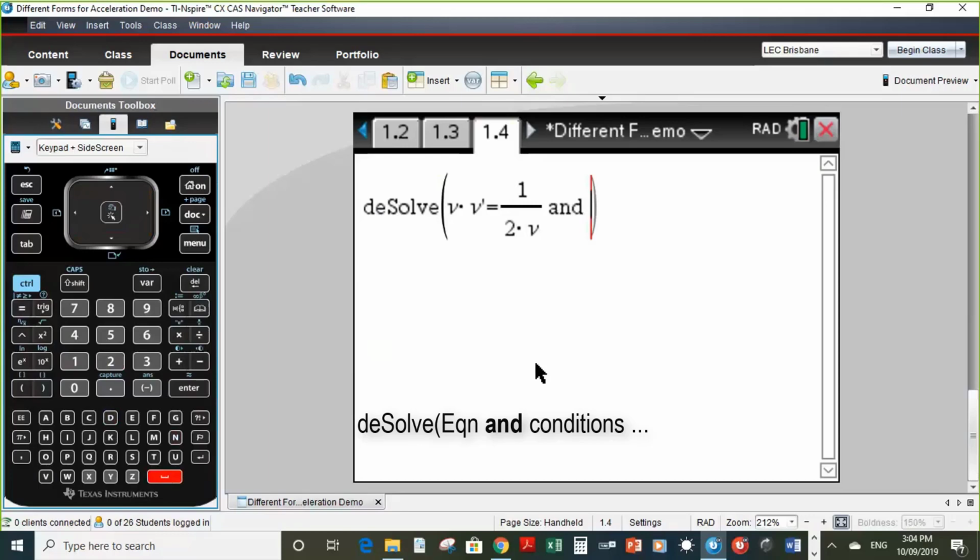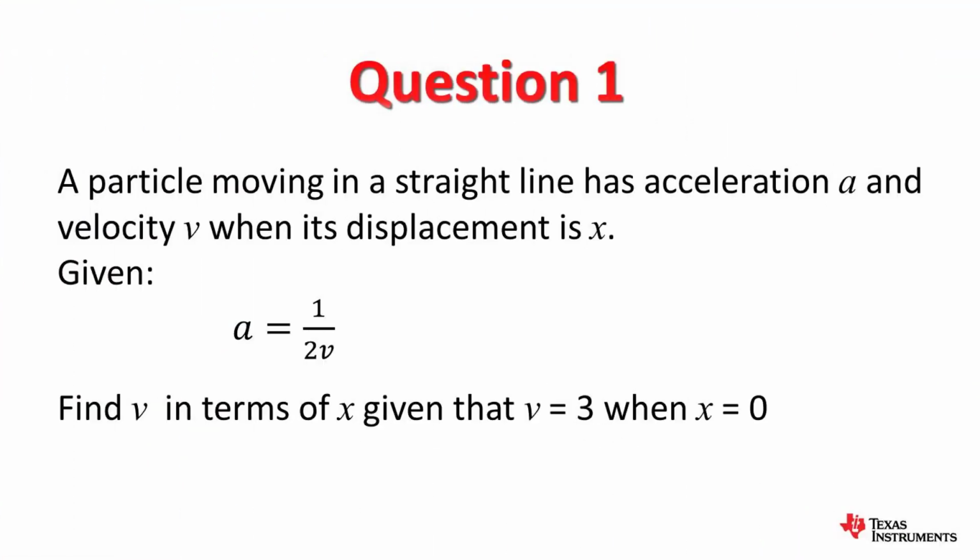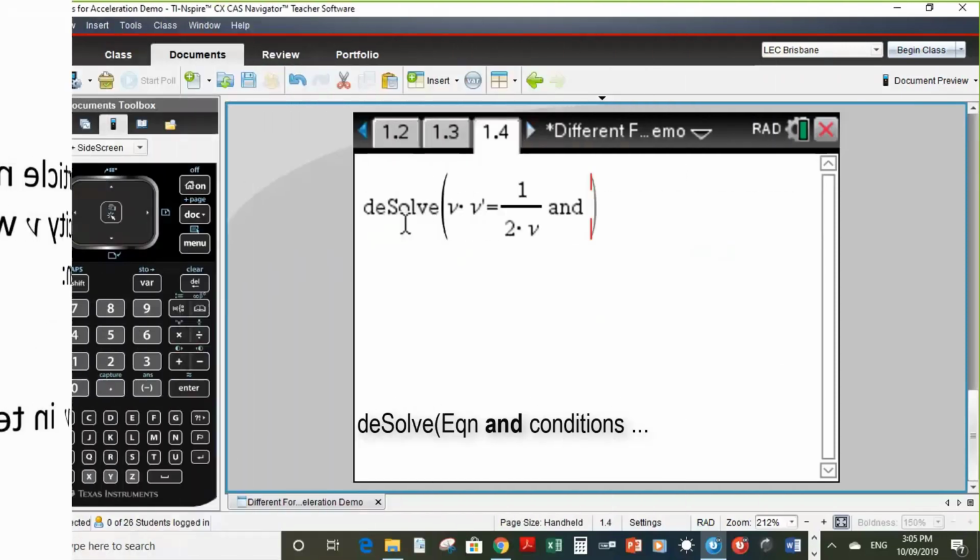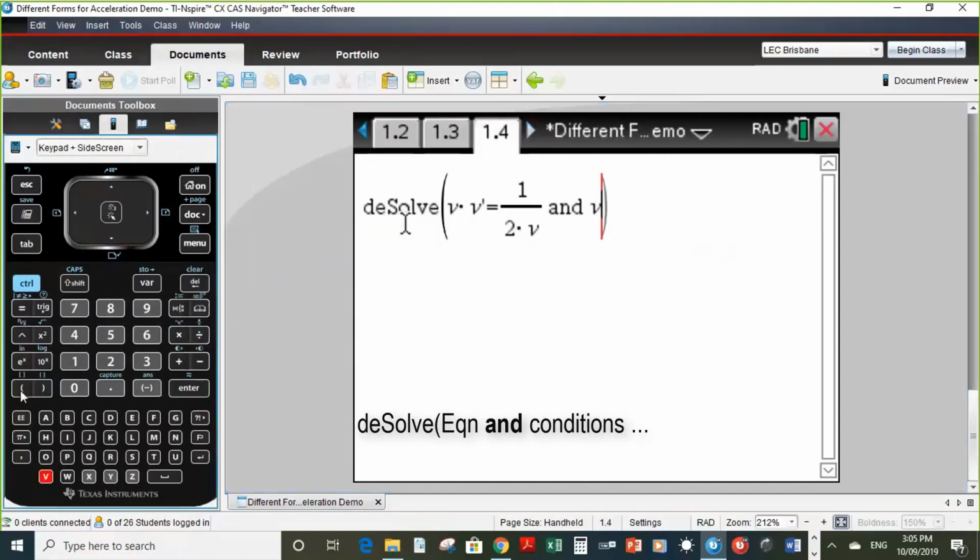So we're saying that this is a first order differential equation, and we've got a condition, so it's saying differential equation and the condition. And the way we describe this is if we go back a page, it says, given that v equals 3 when x equals 0. So the way we frame that is we say, and we require v, open bracket, 0 to equal 3.